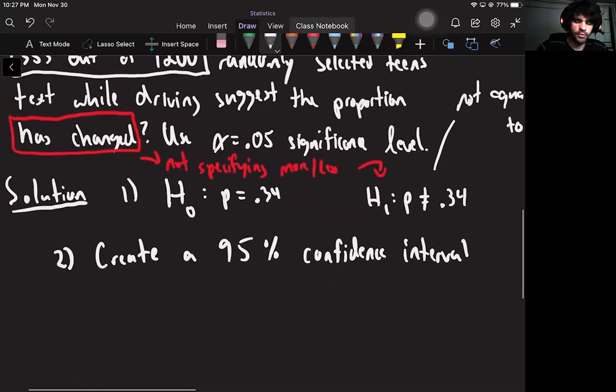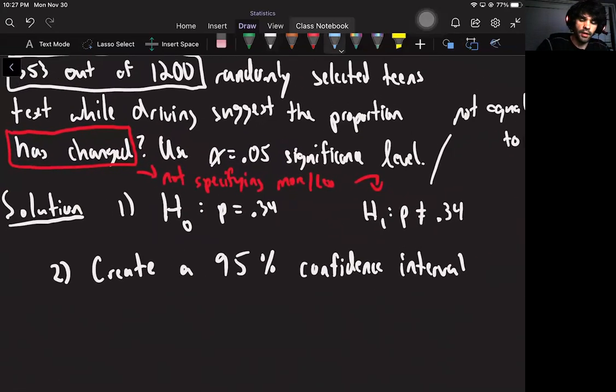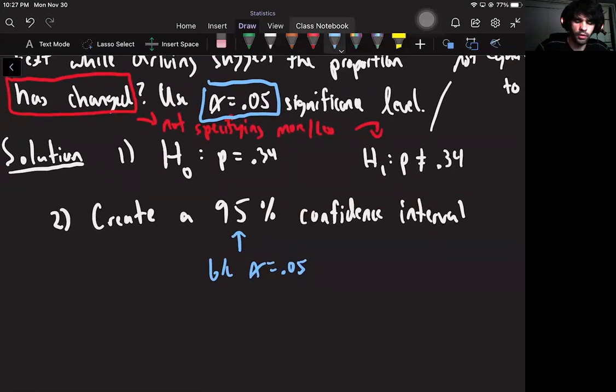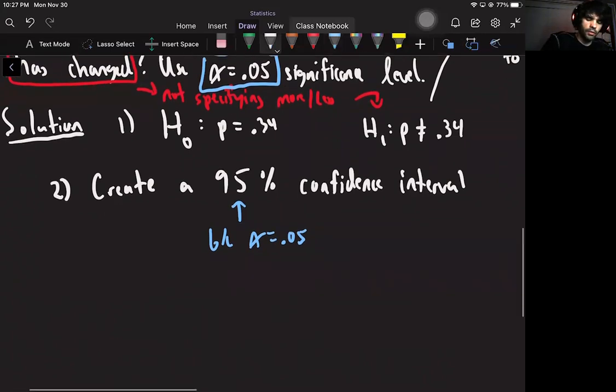So why 95%? Well, that's because alpha is 0.05. So if alpha was 0.01, you would do a 99%. Or if it was 0.10, you would do a 90%. So that's just going to depend on alpha. Okay, so remember how we do that.